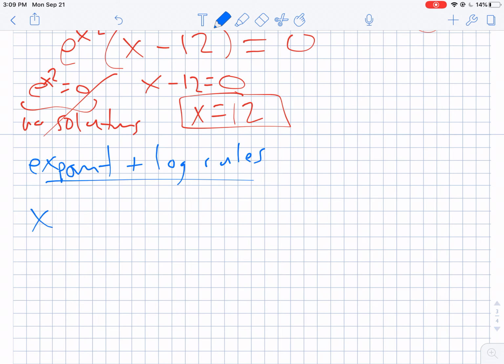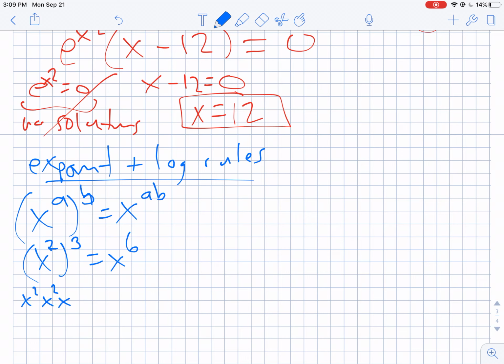If you have x to the a to the b power, like x squared to the third power, you actually end up multiplying those. This is x to the sixth power. This is x to the a times b. You can remember it's like x squared times x squared times x squared. If you have x to the a times x to the b, like x squared times x cubed, you actually add those. That's x to the a plus b, or x to the fifth power.